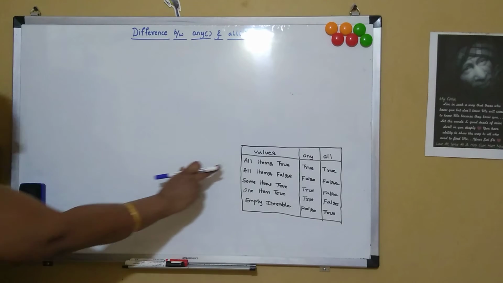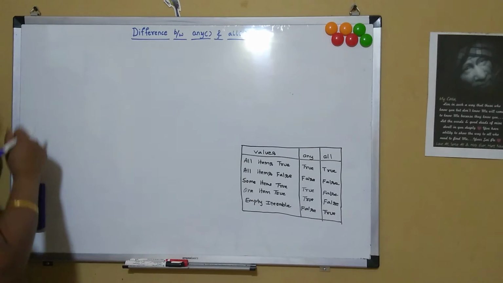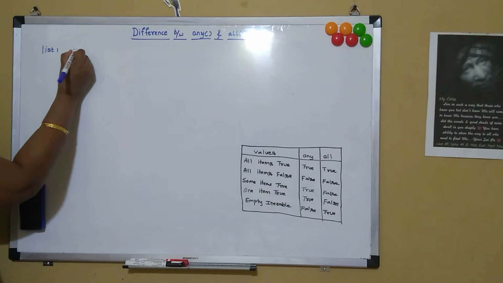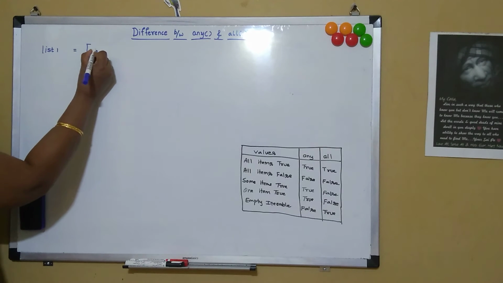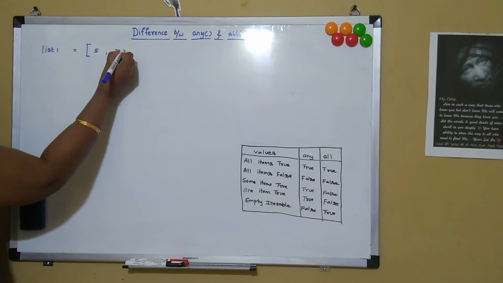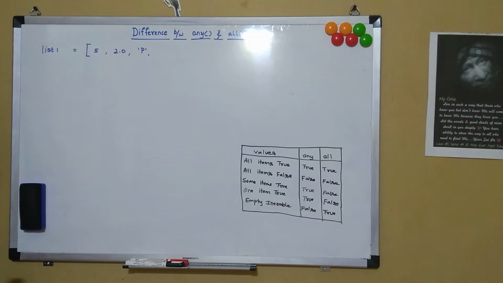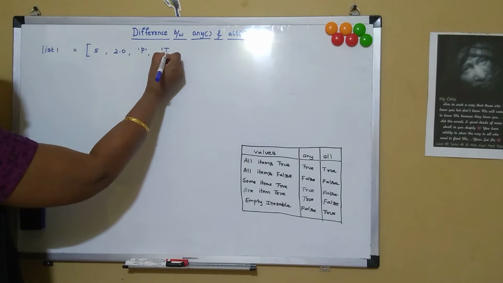Now let's take a condition where all items are true. Let me take my list1 is equal to 5, 2.0, P, the.